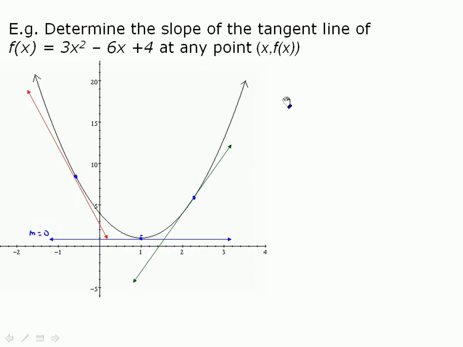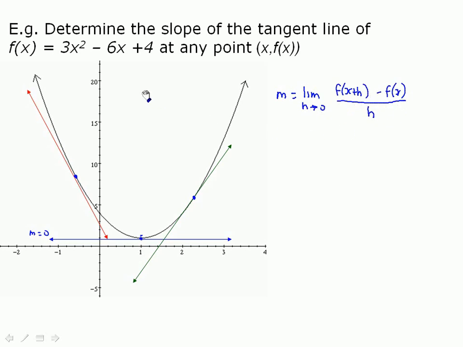So I'm just going to back this up a bit. Now, important to use this formula that we got: m is equal to the limit as h approaches 0 of f at x plus h minus f at x, divided by h. So make that note. You'll be using this one a lot.